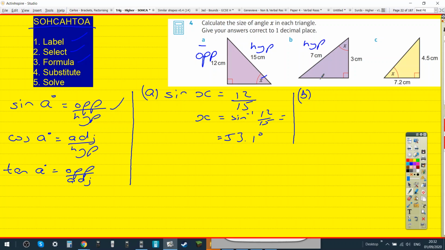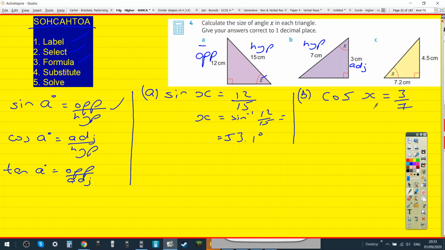And 3 centimeters is the adjacent. So that one is cosine. And so what is the formula for cosine? Cosine x equals 3/7.